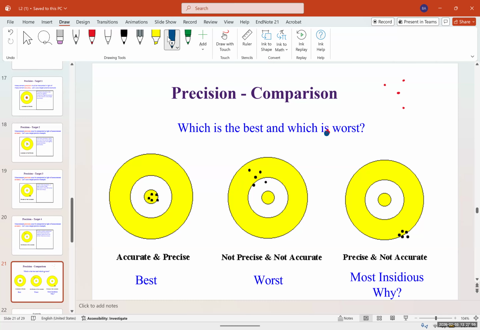You first aimed for the target, but everything was clustered here. Now you want to aim here to hit the target. Does it make sense? So you know that you're precise, the accuracy of the gun is good, but you're missing the target by 3 inches or something like that.